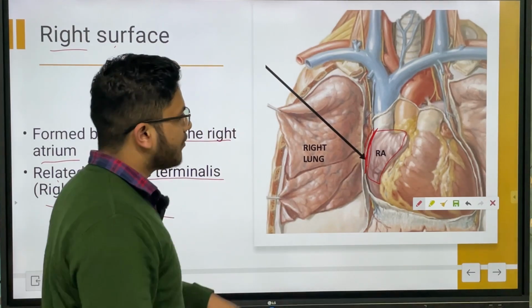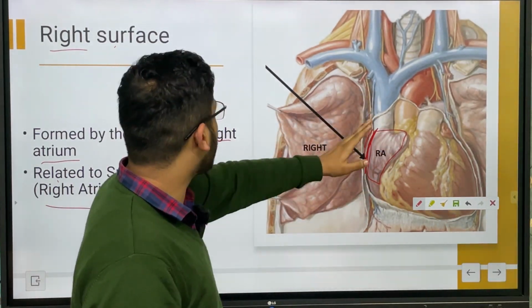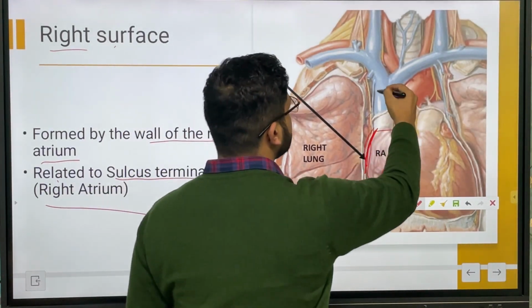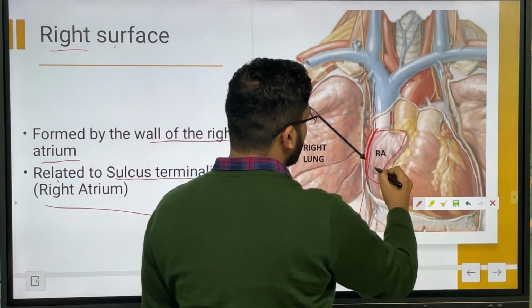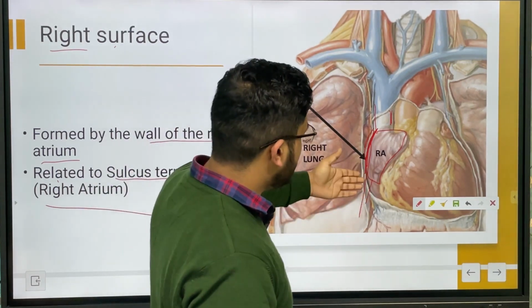Here we can see the right surface is formed by the wall of the right atrium, which is also known as sulcus terminalis. Sulcus terminalis begins from the opening of IVC to the opening of SVC, which is present posteriorly, which can't be seen in this image.